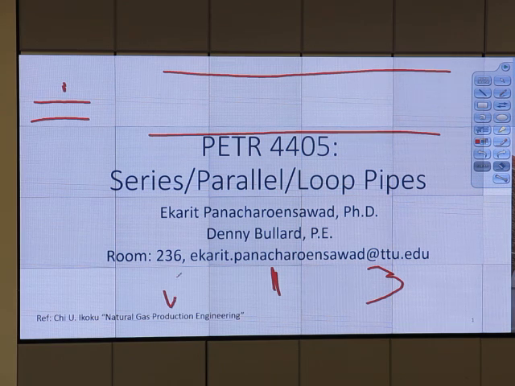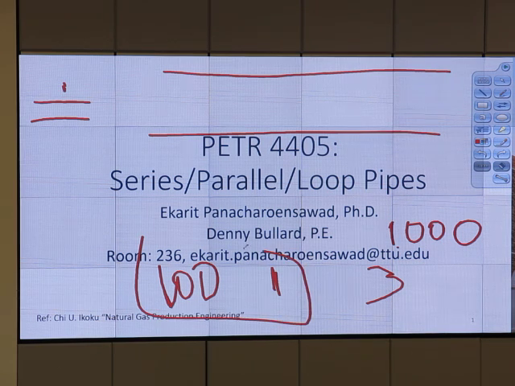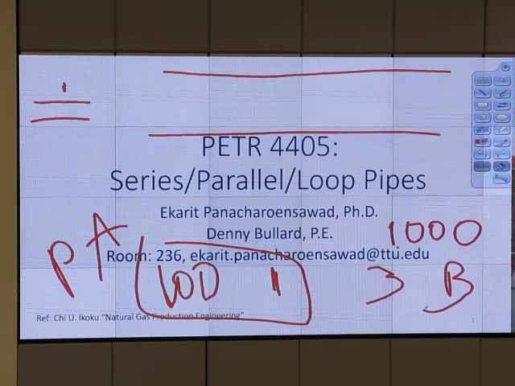The first one is 100 feet. This one, let's say 1,000 feet, 10 times longer than pipe A. This is pipe A. This one is B. So Steven, which one do you think should have more pressure drop, A or B?